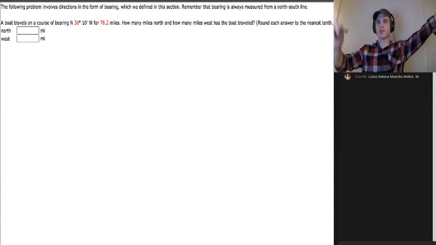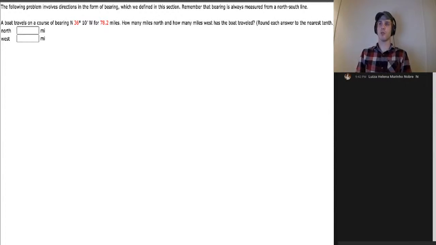So same instructions on the first line. It says a boat travels on a course of north 36 degrees, 10 minutes west. So here's our north-south line, and our boat starts, let's say here, and they travel from north 36 degrees 10 minutes to the west, which let's say is approximately here.